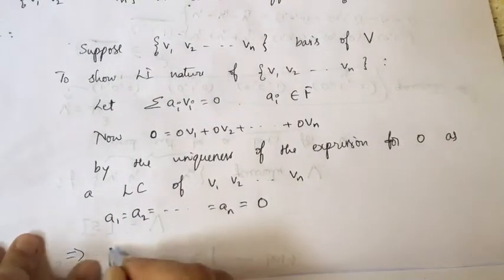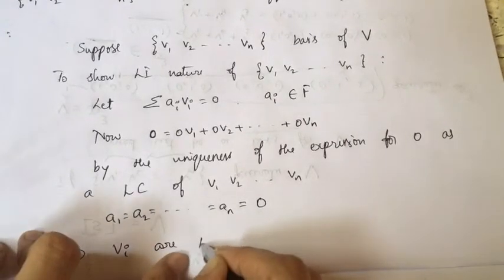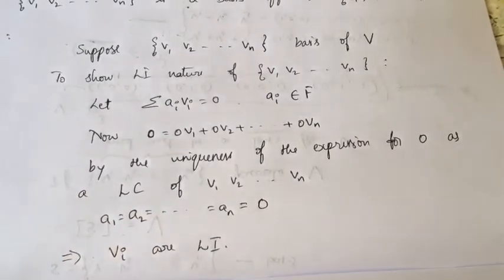Therefore, I can say that all the vectors vi are linearly independent.